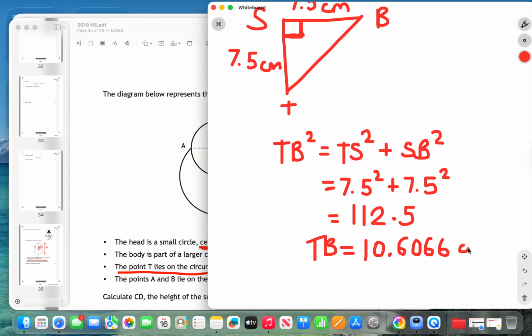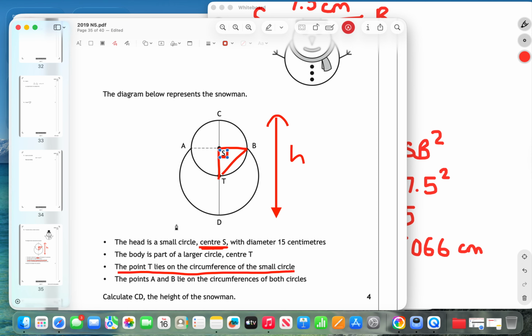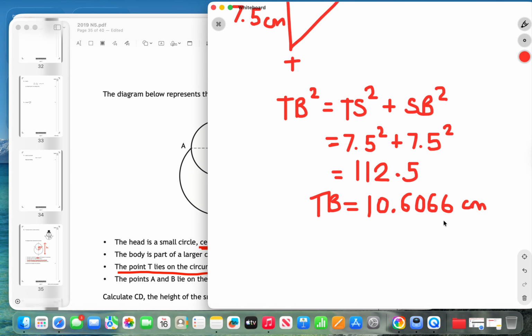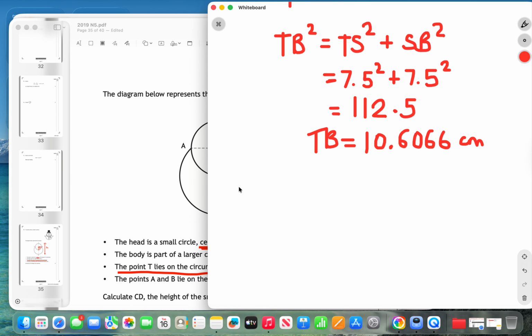We'll keep 4 at the minute, so that's 10.6066. And that 10.6066 is the radius of the big circle.